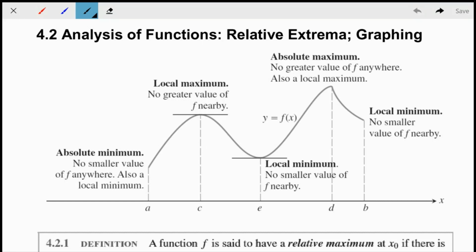The absolute maximum is the highest point on my entire interval. We're not going to analyze a lot with absolute max and absolute min today, but you need to be able to distinguish between the local max and the absolute max. Same thing with the local minimum. This is a low point, but it's not the lowest point. Then we've got an absolute minimum here, and we have a local minimum at that endpoint. Okay, so that's the vocabulary we're going to be looking at.